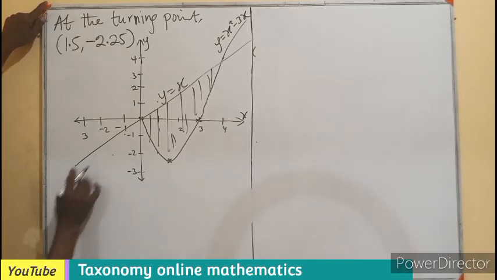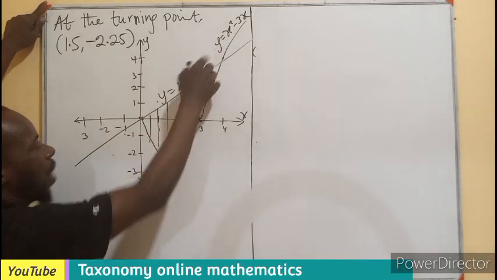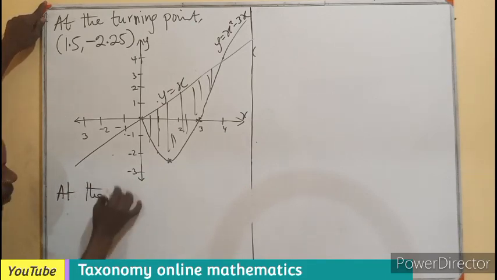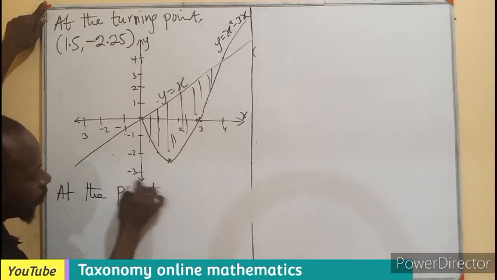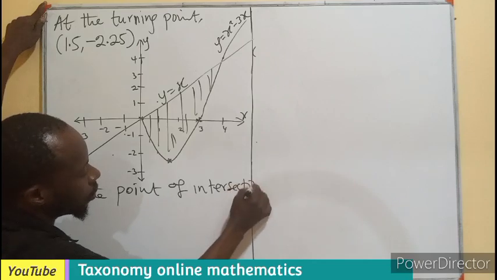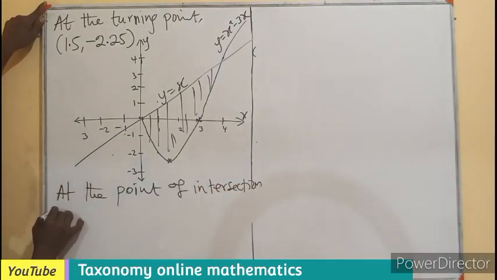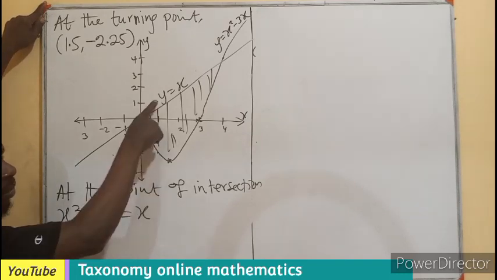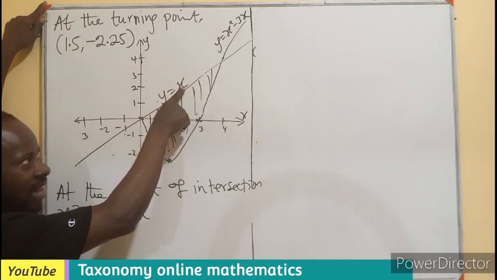So we are going to say that since this is y, it could also mean x. So at the point of intersection, x squared minus 3x will be equal to x, because y is the one that gives us x.